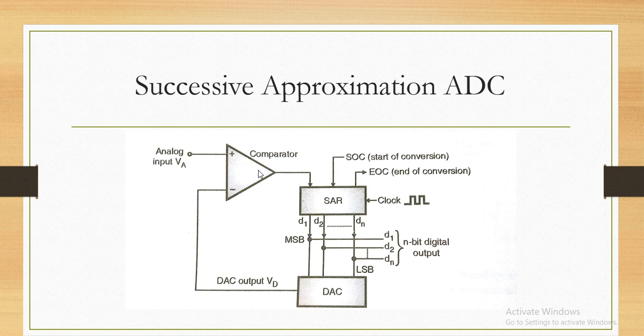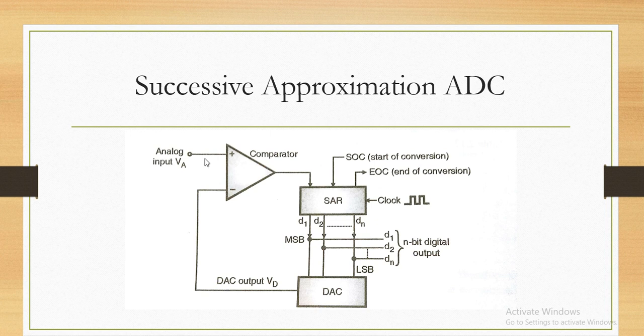Now if VD is less than VA, listen carefully, or when VA is greater than VD, the meaning is that the VD generated for this code is now less than this VA voltage. So we have to set the next bit to 1. Initially we set the MSB as 1.